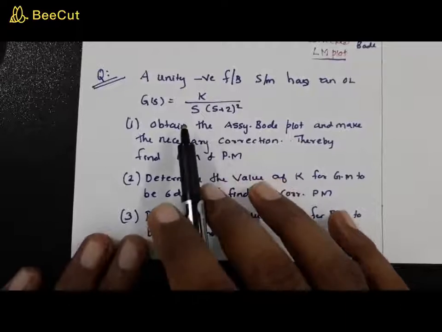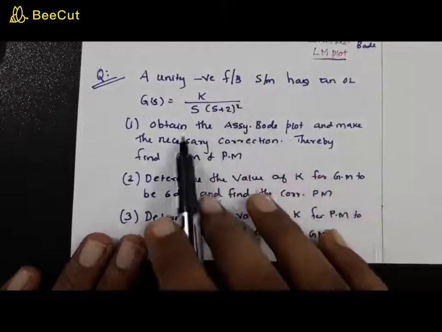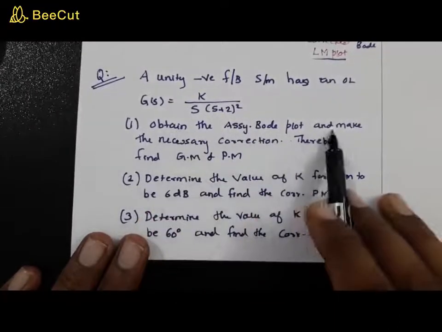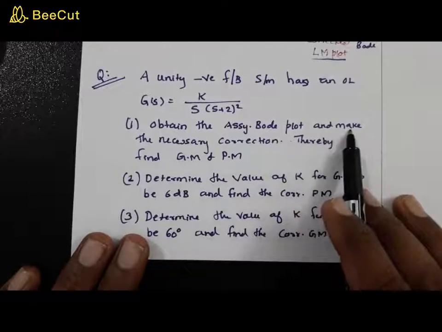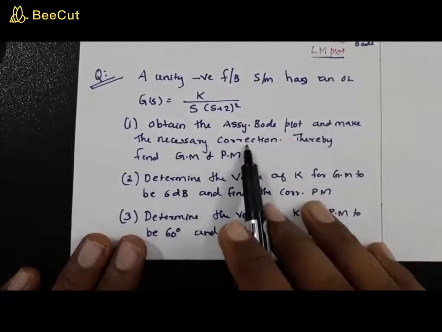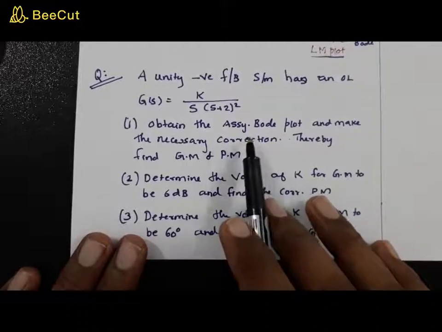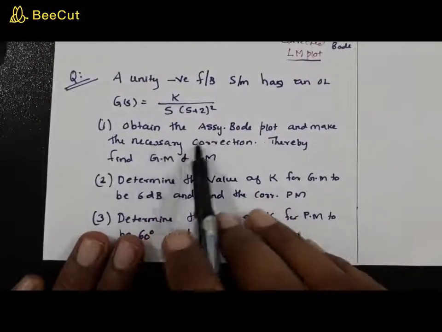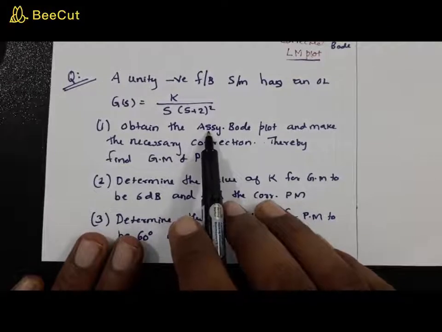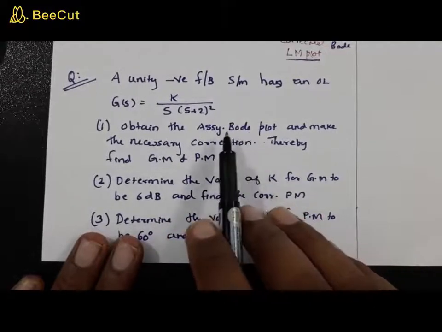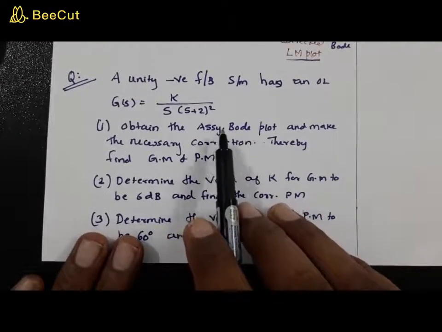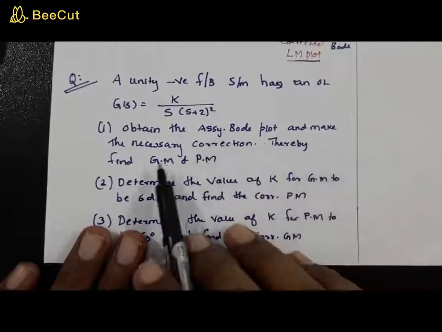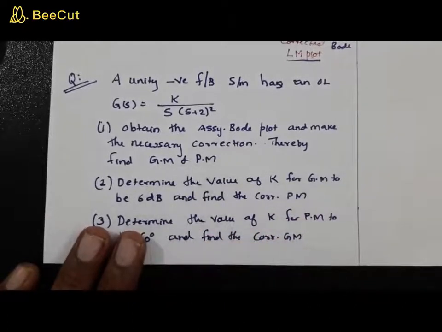But if in the question, be it a first order factor, it is asked to make the necessary correction, it means you need to make the correction at the corner frequencies as I have explained here. Even for the necessary correction, the first step is to obtain the approximated asymptotic Bode plot, and thereby you are asked to find the gain margin and phase margin.